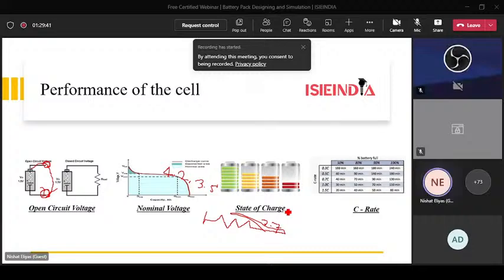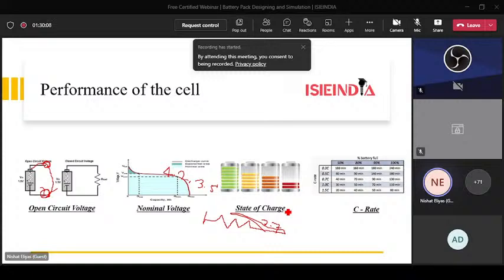So the next thing is the C rate. That is what defines the charge rate and the discharge rate of a battery, like how much time a cell takes to go to 100% of its capacity. How much time it takes to go to completely 100%. This is the C rate of the battery.